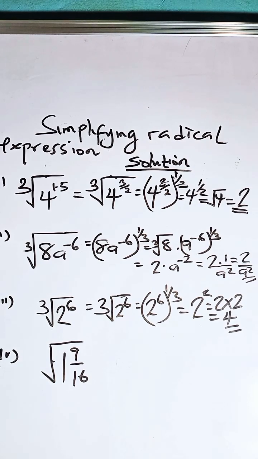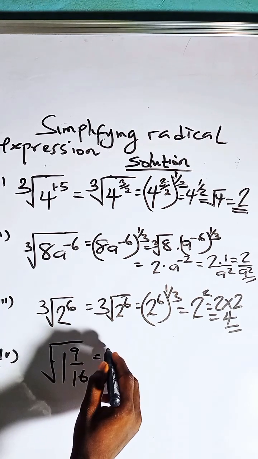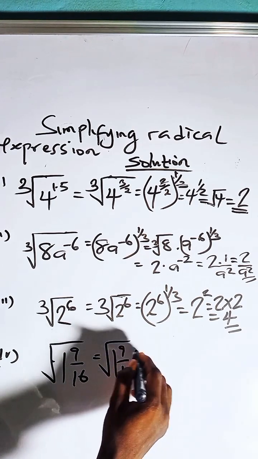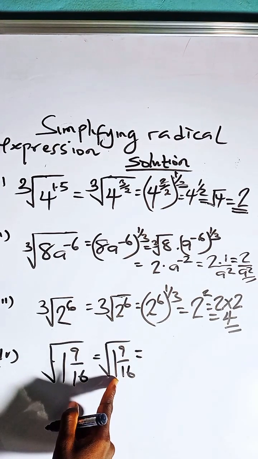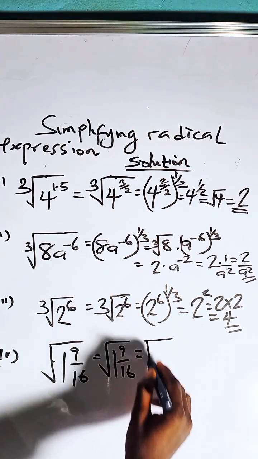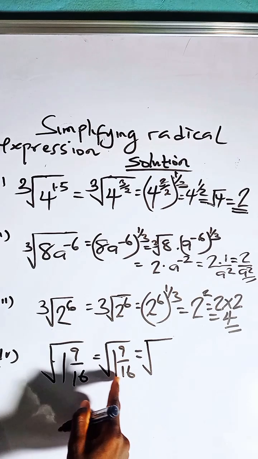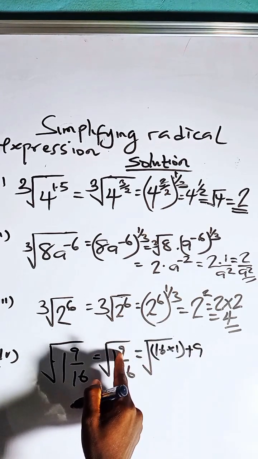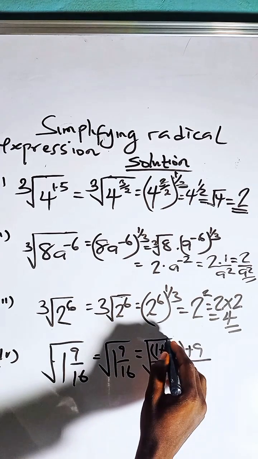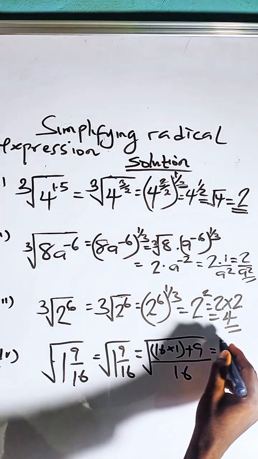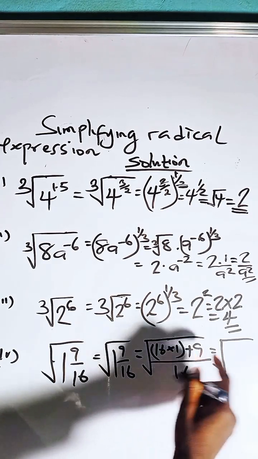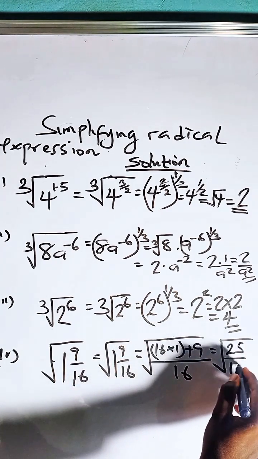And for the last one, we have the square root of one whole number 9 over 16. Since we have a mixed number, let us convert to an improper fraction. We say 16 times 1 is 16, plus 9, that is 25 over 16.